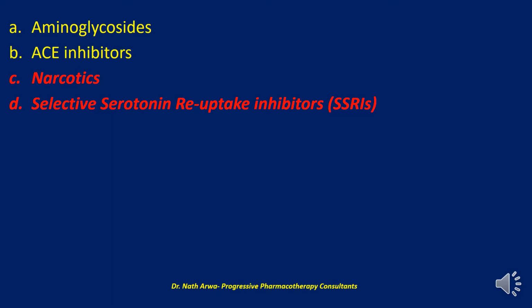I would like to re-emphasize that euvolemic hyponatremia can be seen in patients with hypothyroidism, with SIADH, with hypotomania, those who have ingested ecstasy, or those with psychogenic polydipsia and water intoxication.